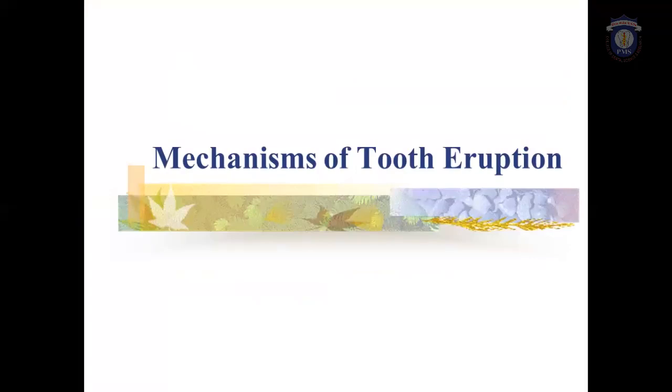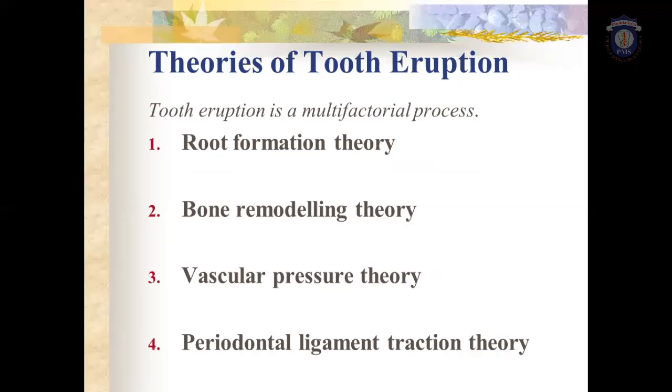Coming to the mechanisms of tooth eruption, there are four main theories: the root formation theory, bone remodeling theory, vascular pressure theory, and the periodontal ligament traction theory. Now, we need to understand that tooth eruption is a multifactorial process, and there are contributions from all of these theories.